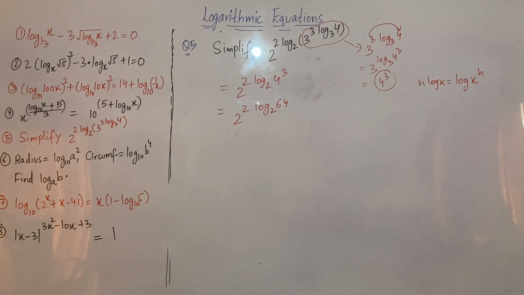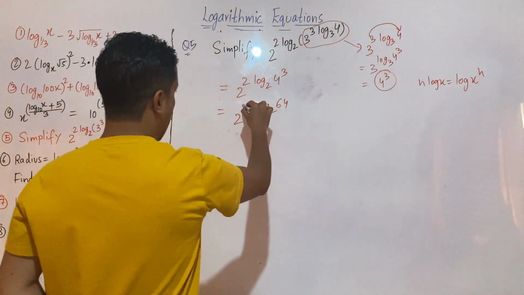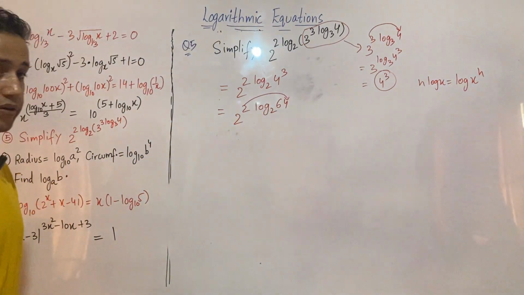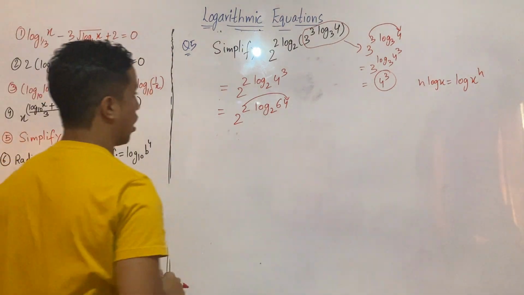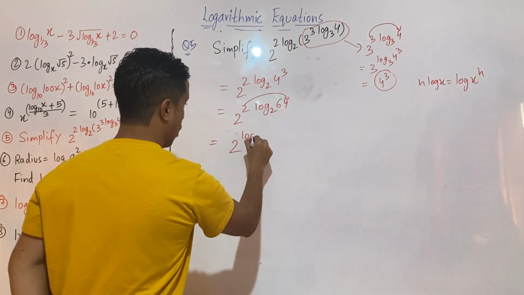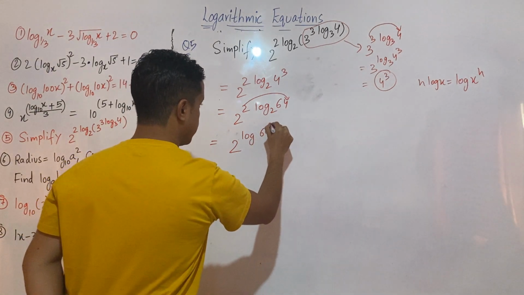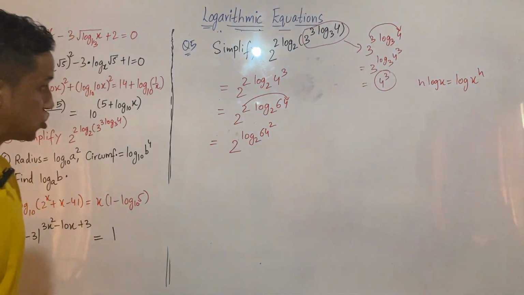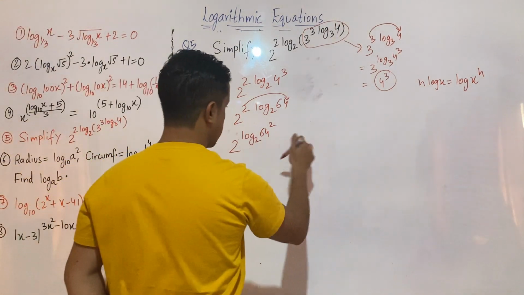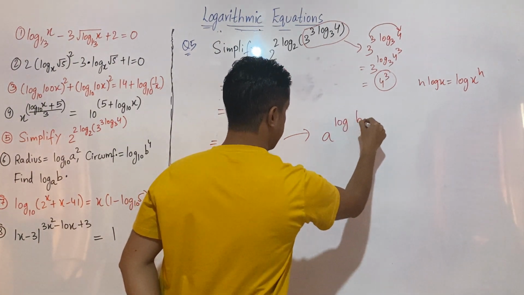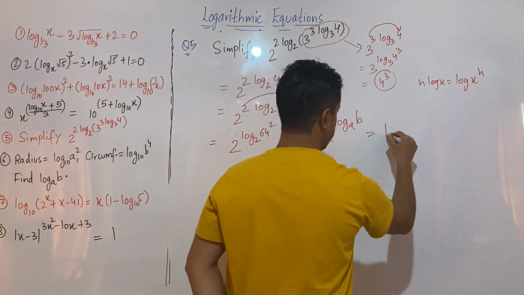Now again, what if I bring this 2 here, on the power? So it's going to be 2 raised to power log 64 raised to 2, to the base 2. Now this is the same as a raised to log b to the base a, which is b.